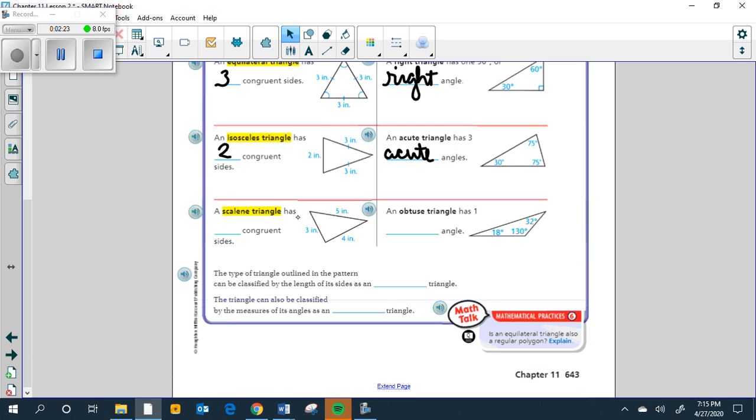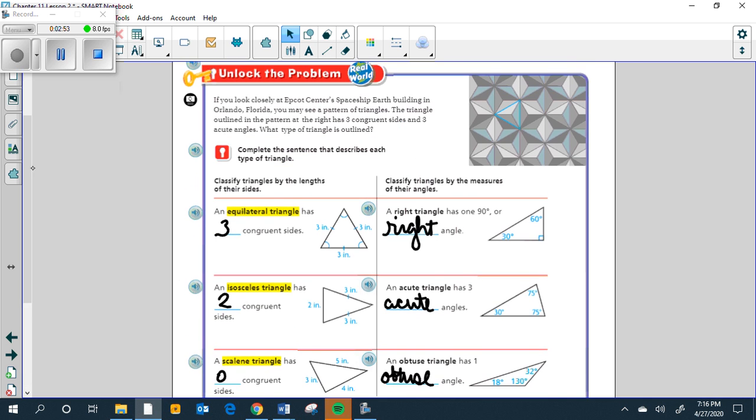A scalene triangle has 0 or no congruent sides, and here we see each of the sides is different. And here we have one angle that is greater than 90 degrees, so that makes this an obtuse triangle. So if we go back and look up at the pattern in the Epcot Center, the triangle outlined in the pattern, that's going to be those right here.